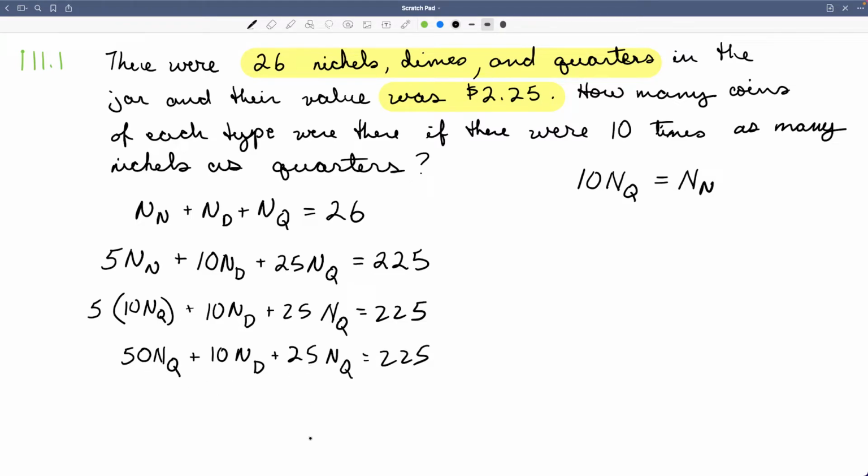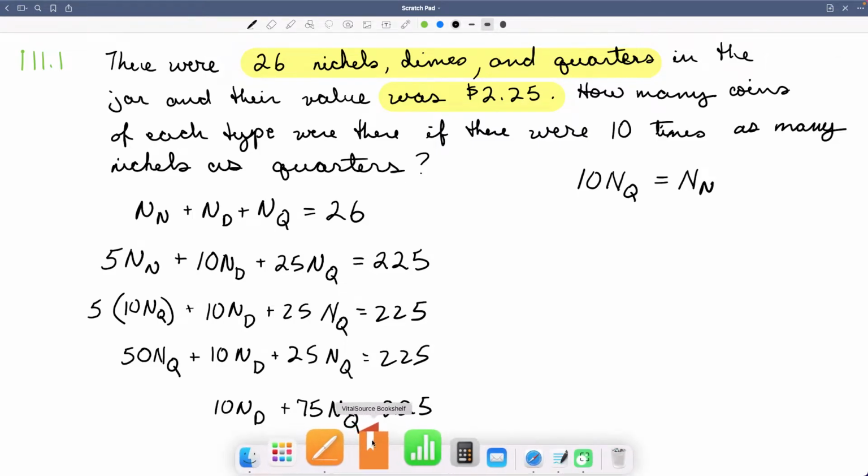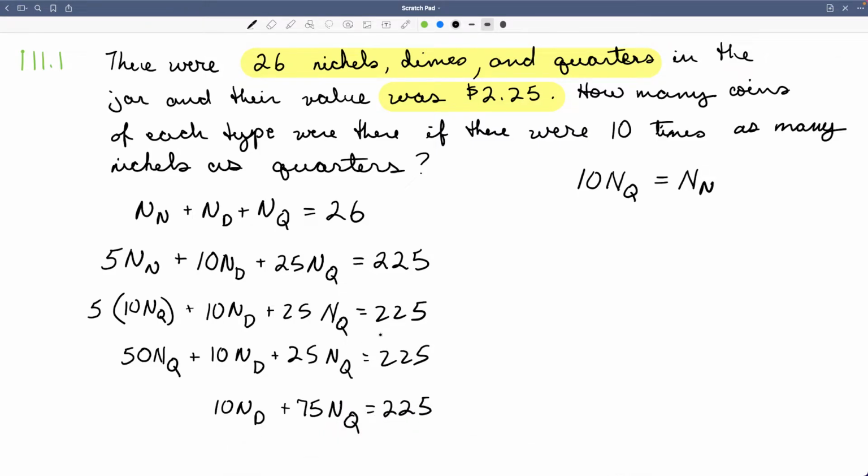Now I can put these 2 together, and I have 10 times the number of dimes plus 75 times the number of quarters is equal to 225. Right? And if I substitute this in for the number of nickels here, I've already subbed it in here. Let's sub it in here as well.